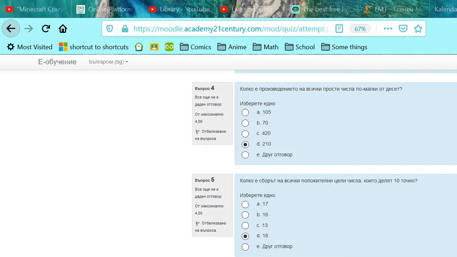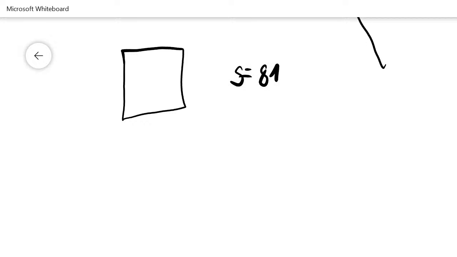The next one, I won't even copy paste it because it's a very little problem. We have a square, and its area is equal 81. They ask us what is its perimeter, and that's very easy.